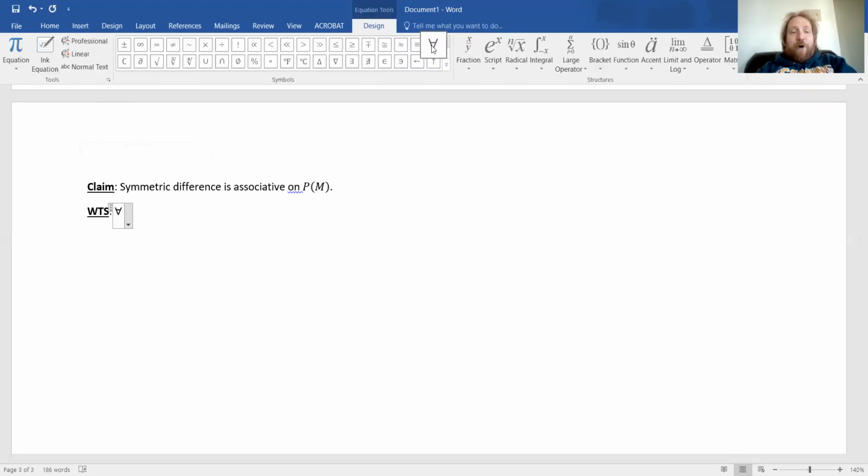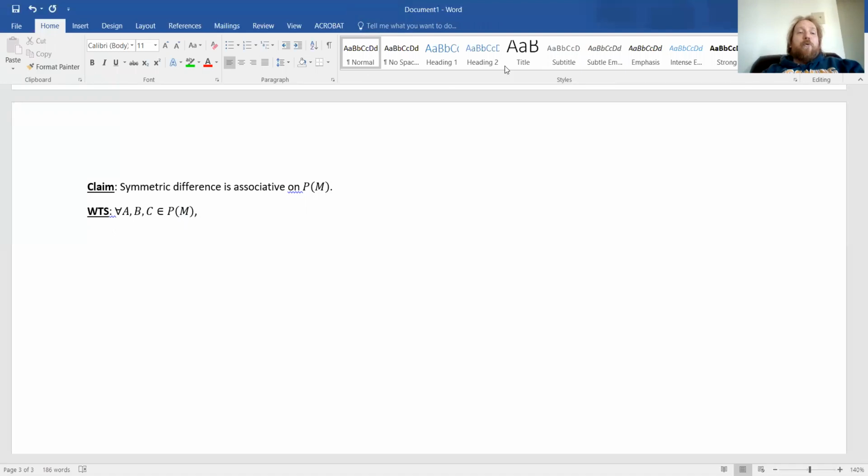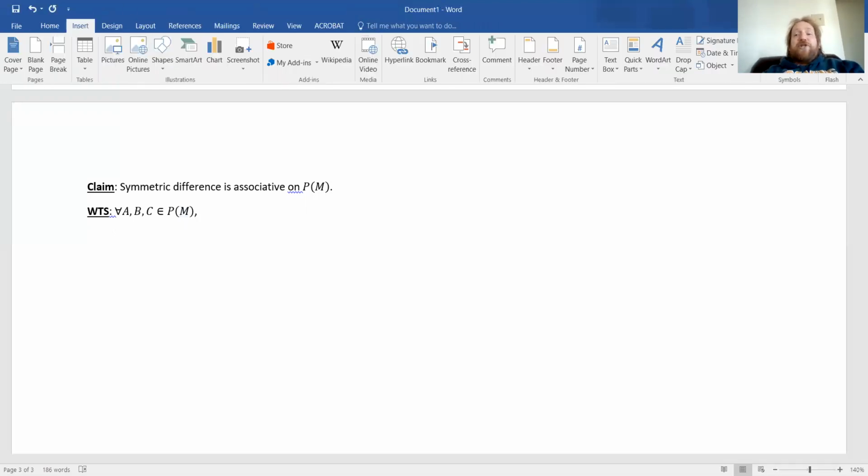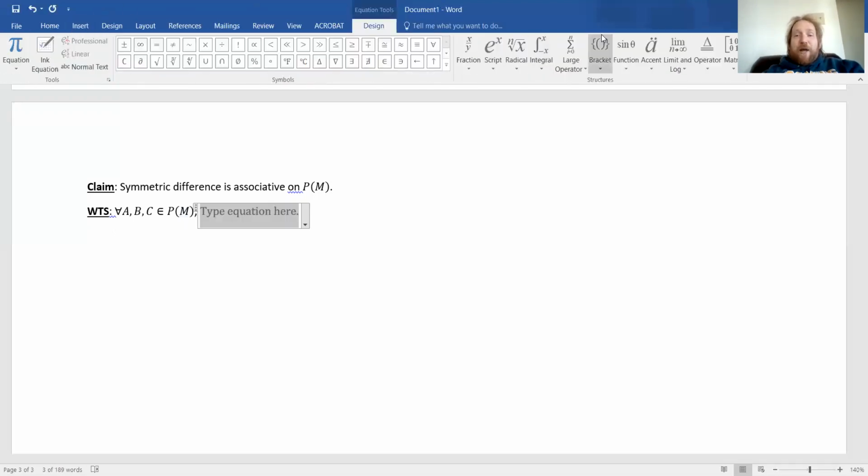So we want to show for all capital A, capital B, capital C in P of M, our operation is symmetric difference with the triangle here: A symmetric difference (B symmetric difference C) equals (A symmetric difference B) symmetric difference C.